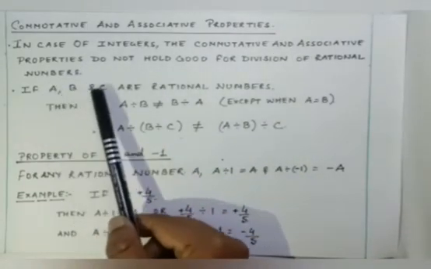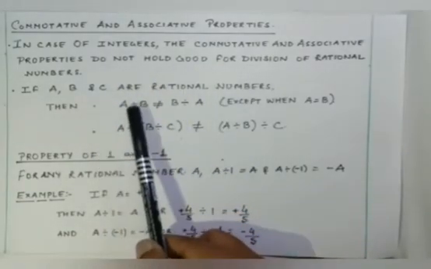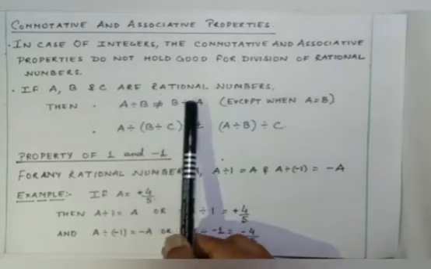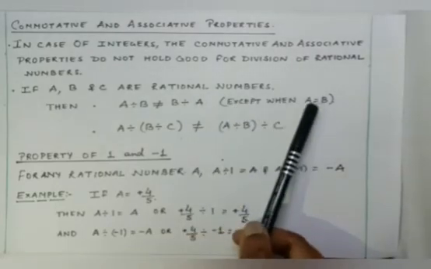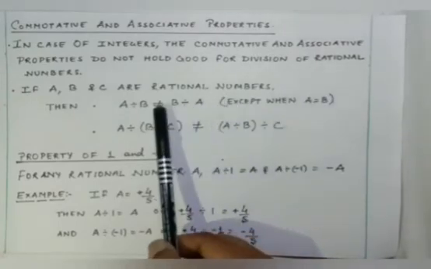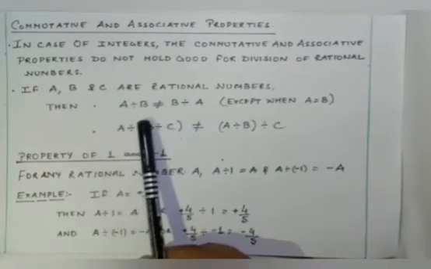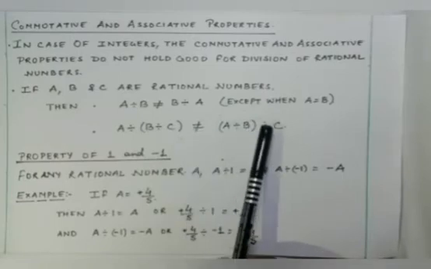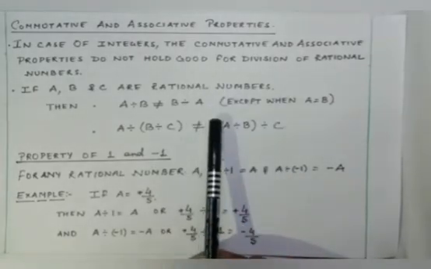If A, B and C are three rational numbers, then according to the commutative property, A divided by B is not equal to B divided by A. But there is a condition, except when A is equal to B. When A is equal to B, then this condition does not follow. Second one, A divided by B divided by C is not equal to A divided by B in one bracket divided by C. I hope it is clear to everyone.